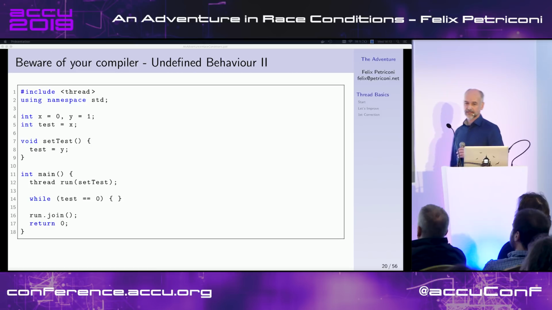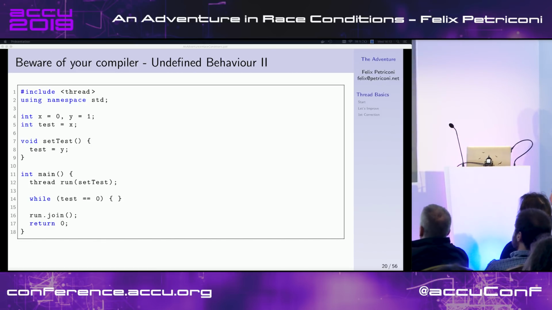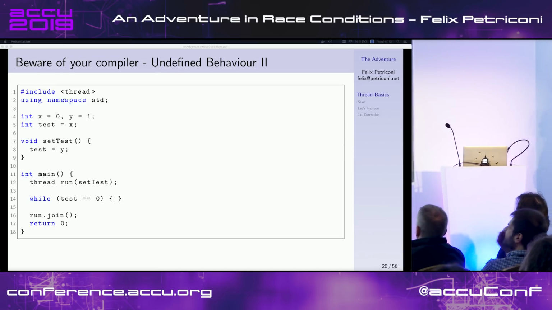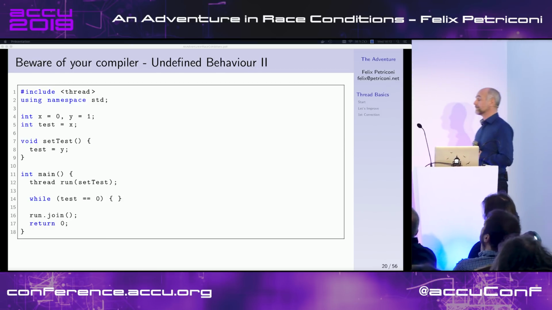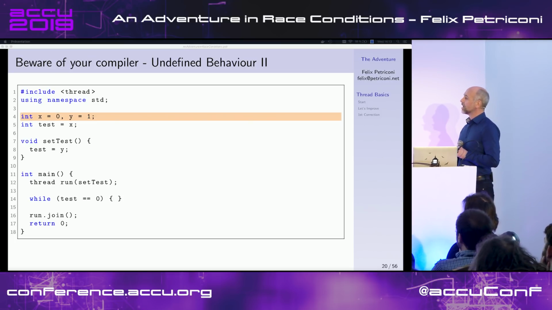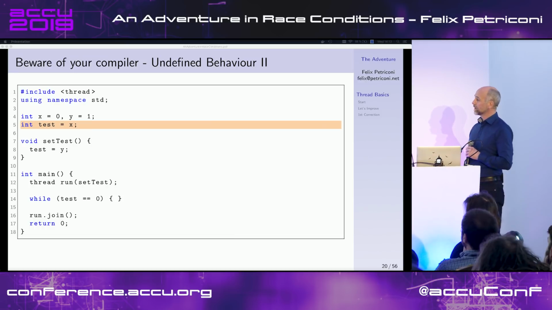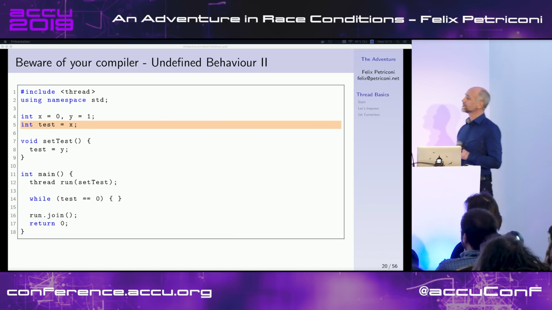Next thing: beware of your compiler. Sometimes it does something you're not expecting. We have a very simple program. We have two variables, x and y, and we assign x to test.